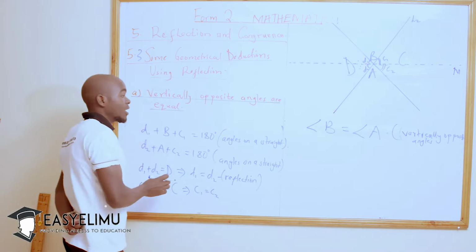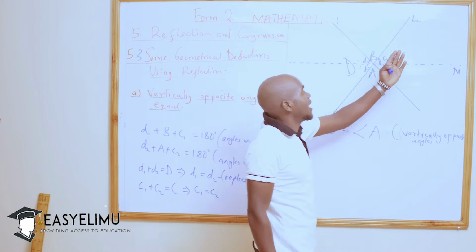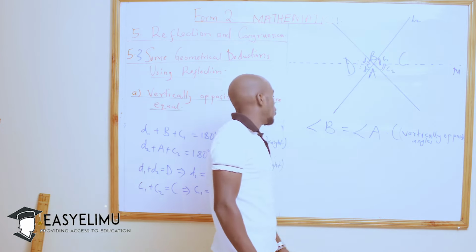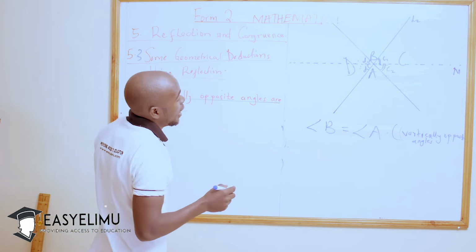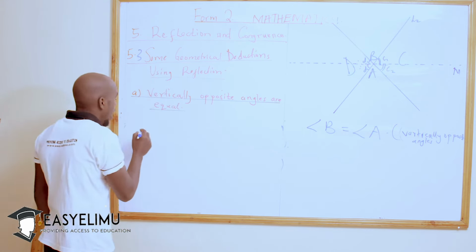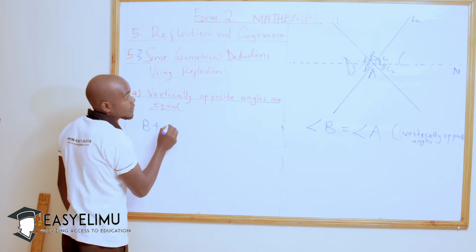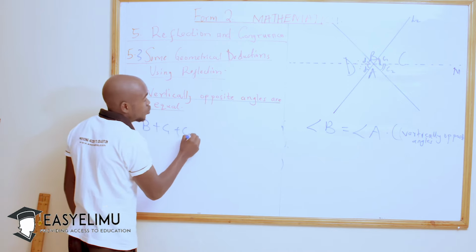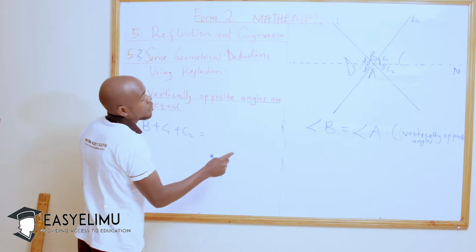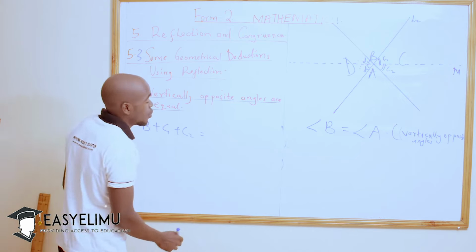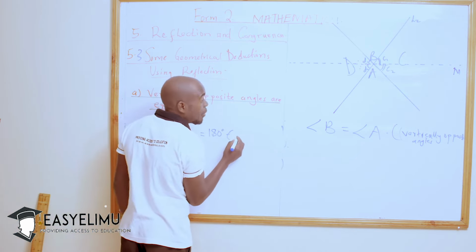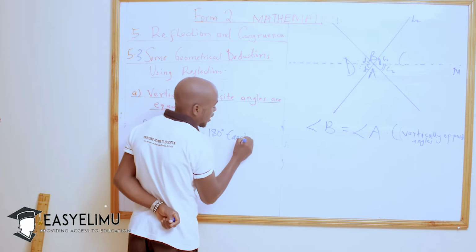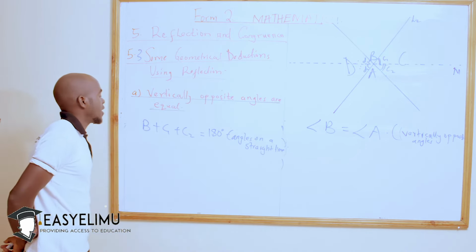But at the same time, we can consider along line L2 and L1, in that we can consider along line L1, such that we have B plus C1 plus C2 equals 180 degrees. And still the same reason applies, that is angles on a straight line add up to 180 degrees.